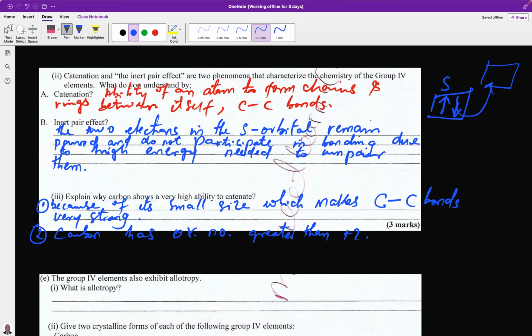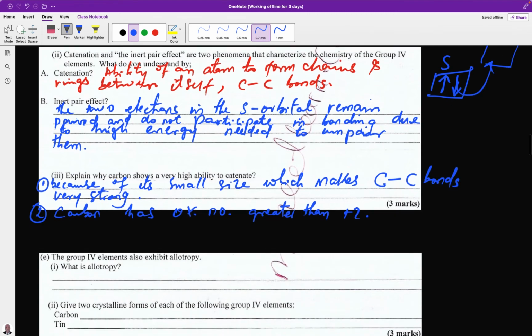So carbon shows a high ability to catenate because of its small size, which makes the carbon-carbon bond very strong, and because it has an oxidation number greater than +2.